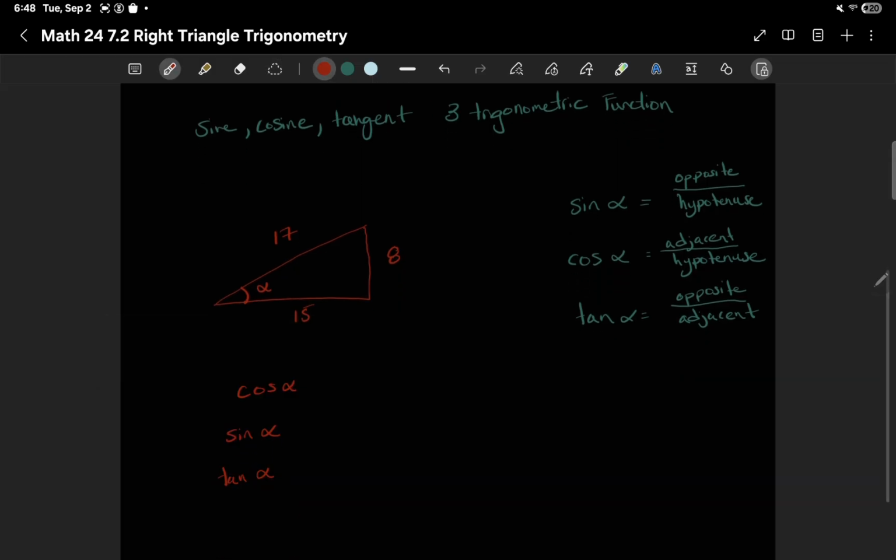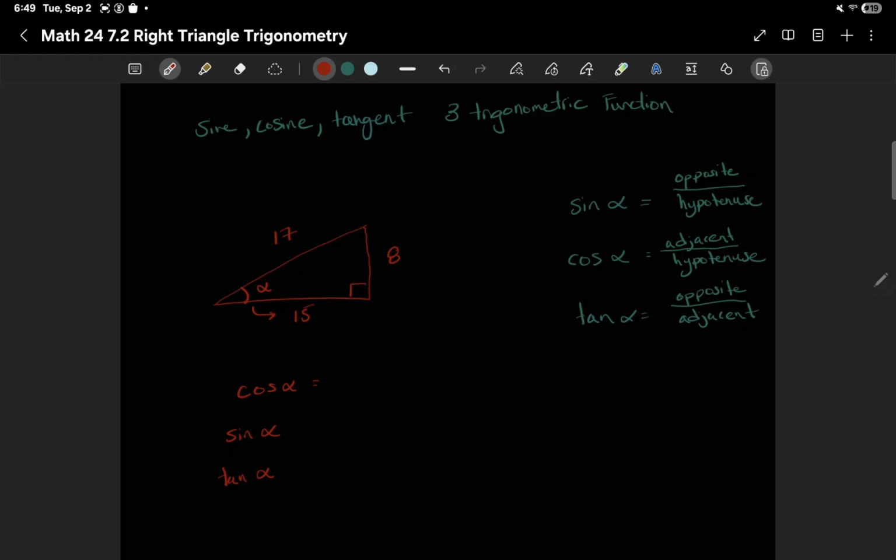I'm going to take these and move it here. If I want to find cosine of alpha, sine of alpha, and tangent of alpha, well, I know cosine is adjacent over hypotenuse. My adjacent side would be the side that's next to alpha, but not opposite of my right angle, my 90 degree. I'll create a little key.